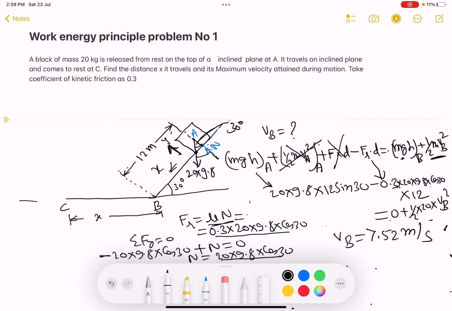To find that, we will now write the energy equation.